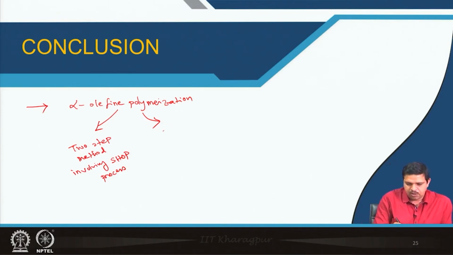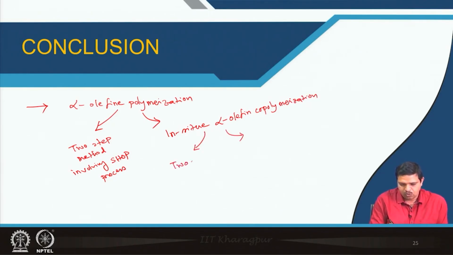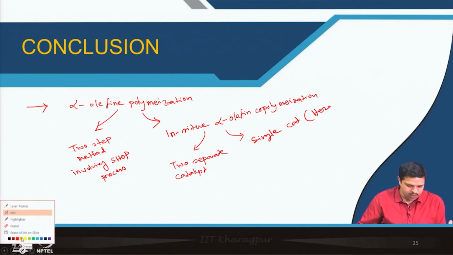And the other one you can do in situ, alpha olefin copolymerization. Again for this one, you can use two separate catalysts, or you can use a single catalyst but it's a heterobimetallic, meaning two different catalytic centers.